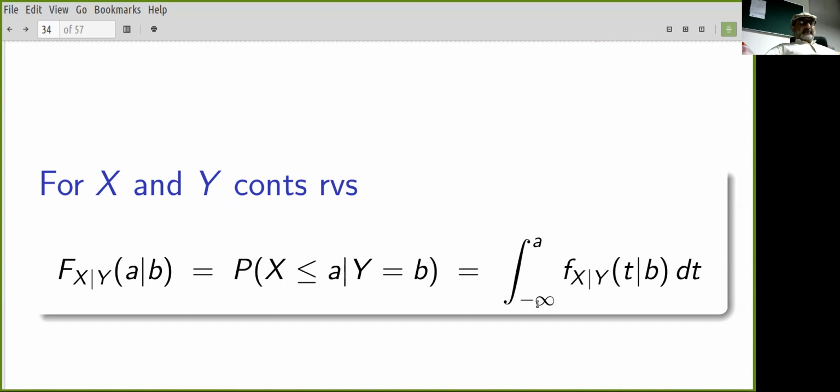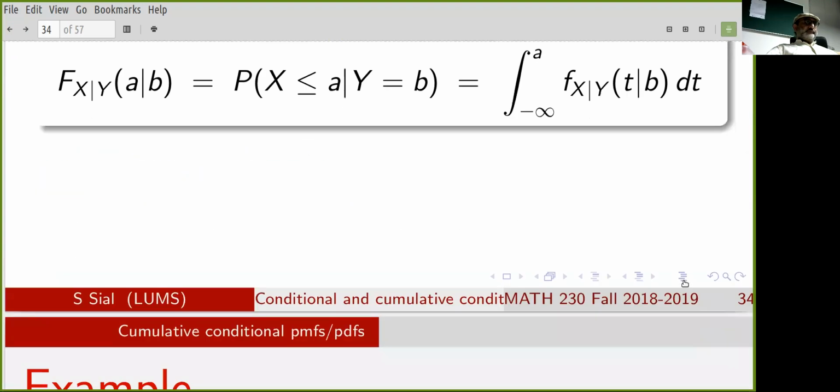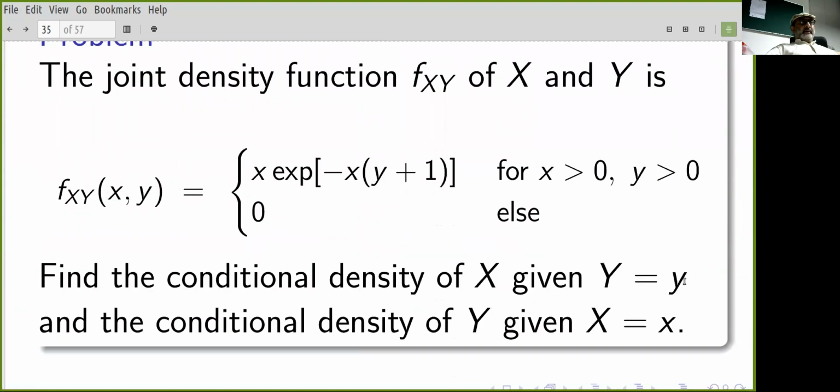That's given by integrating from minus infinity to a the conditional PDF of x at t, with y fixed at b, dt. Okay.